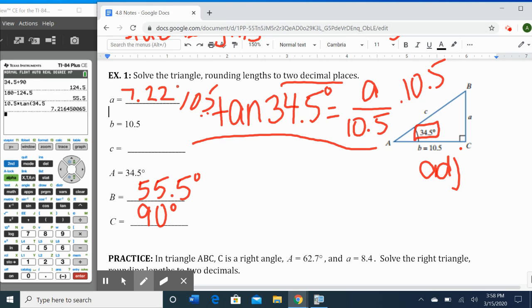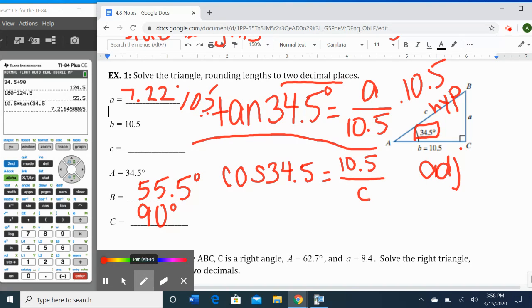So I'd rather just use what they give me, which is the adjacent, and I'm looking for C, which is the hypotenuse. So the trig function that we have a calculator button for that uses adjacent and hypotenuse is cosine. So I set up the cosine of 34.5 to equal adjacent, which is 10.5, over hypotenuse, which is C. And there are actually a couple different approaches that I can take.